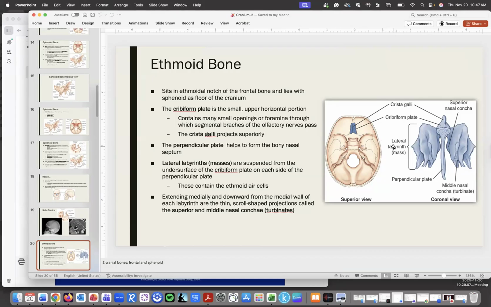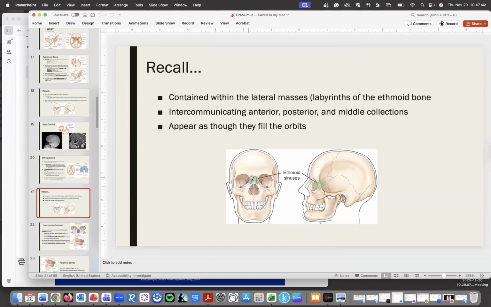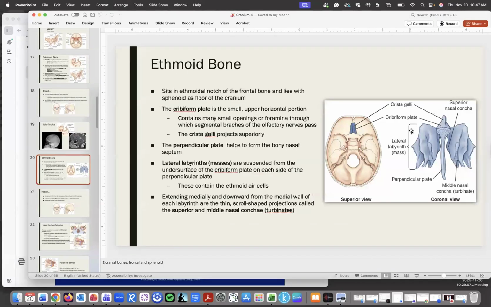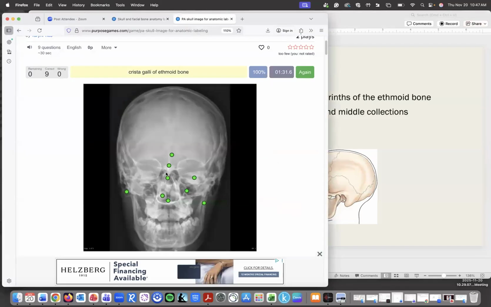On the sides, it has these masses or labyrinths, and that's why we're going to see an ethmoid sinus. It's usually a little bubbly looking because of the way the lateral labyrinths, or masses, are. Also, it's situated in front of the sphenoid sinus, and that's why in an AP view, we see them superimposed on each other.